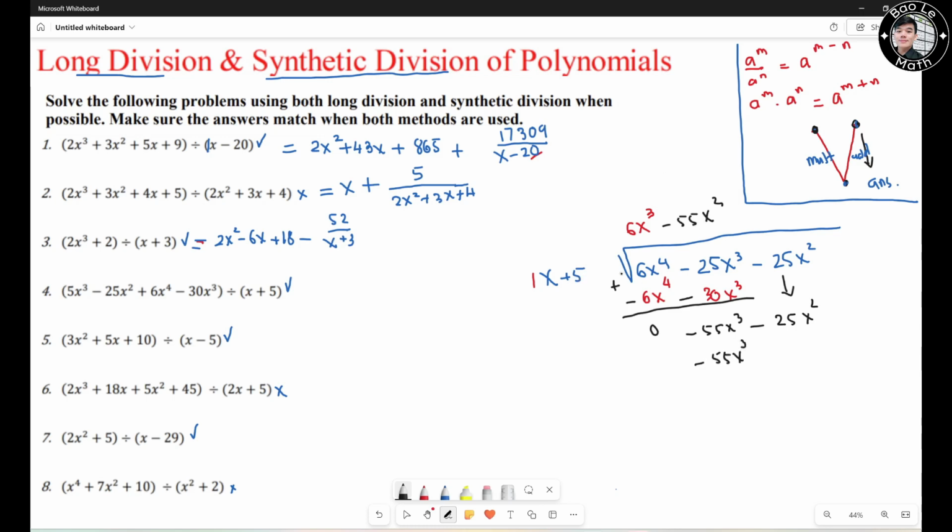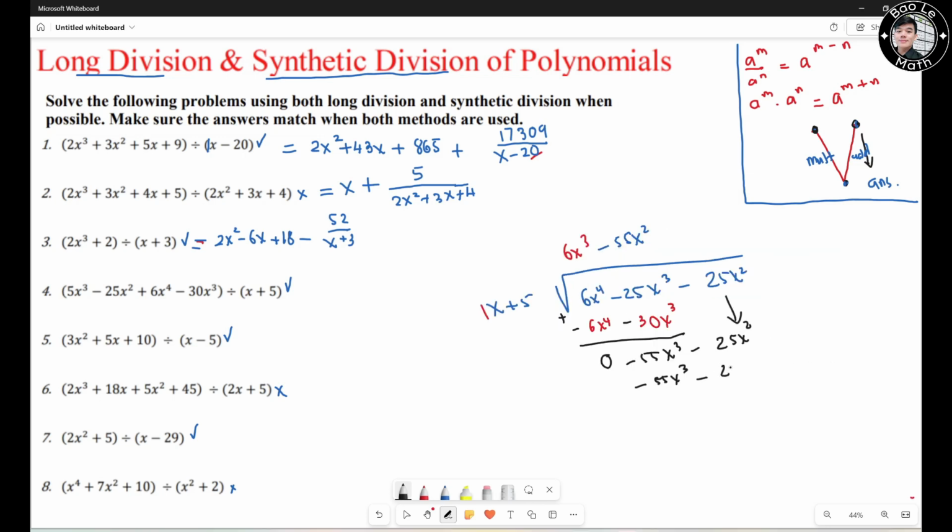Negative 55 times 5 is going to be negative 275s squared. Now change the sign, plus, plus, and add them up. So it could be 0, 275 subtract 25, it could be 250s squared.